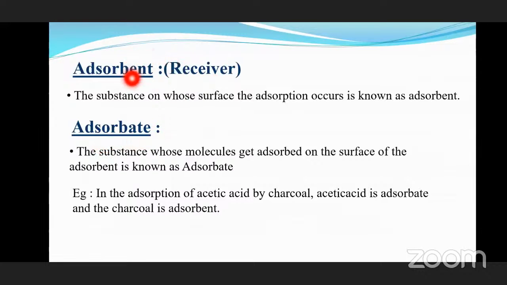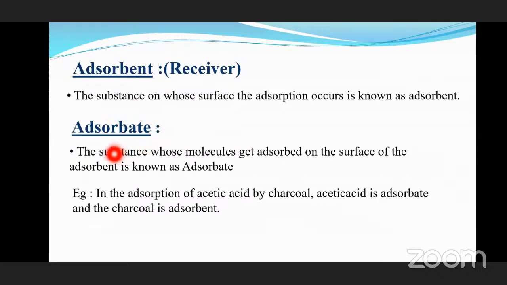Okay. Here, what about the adsorbate? A slight change here: ENT means adsorbent, and ATE means adsorbate. The adsorbent is simply the receiver or observer. What about the adsorbate?